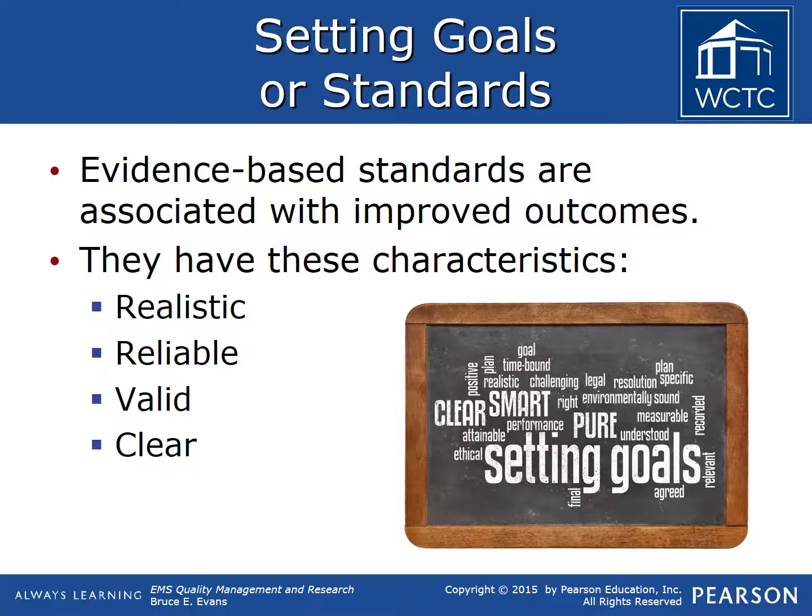A clear goal or standard is understood in the same way by everyone without room for distortion or misinterpretation. A measurable goal or standard can be assessed and quantified. If any one of those characteristics is missing, the goal or standard must be updated or refined. Otherwise, the goal or standard will not lend itself to evaluation within a formal quality improvement system.